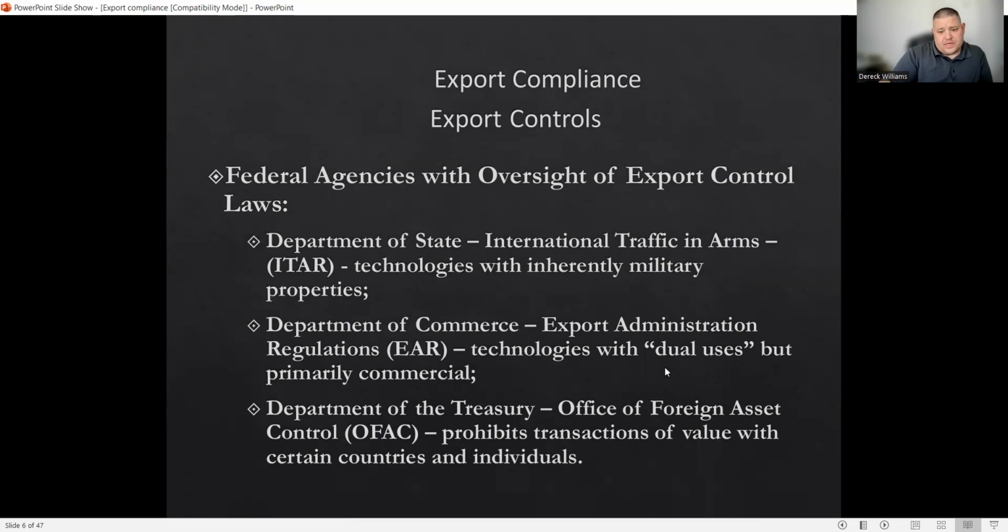Department of Commerce, they are a lot easier to work with. There are a lot more exceptions on what you can export and to whom. And they deal with dual-use technologies. When we talk dual use, we might be talking about communication devices, like walkie-talkies or similar devices that could have a military application, but also have an application in the private sector, so they fall in that dual-use category.